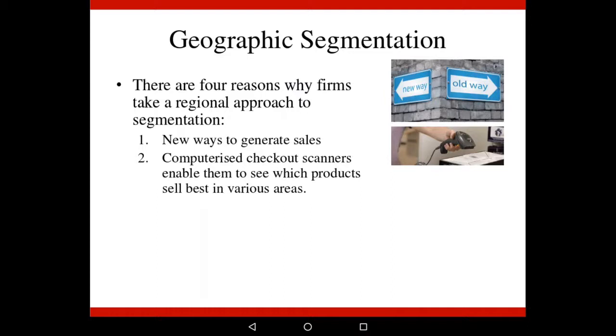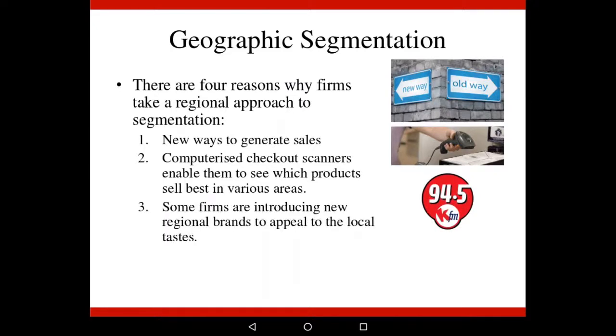So, like Pick and Pay, based on what goes through the till, they can see which things are selling better in which areas. So closer to the beach, they might have beach balls and beach bats for sale, whereas in the inland areas, they might not have those things for sale because people just don't buy them there. So they can rather offer people things that they want in those areas. They don't want to use their space in their shop to sell things that people don't really use in that area.